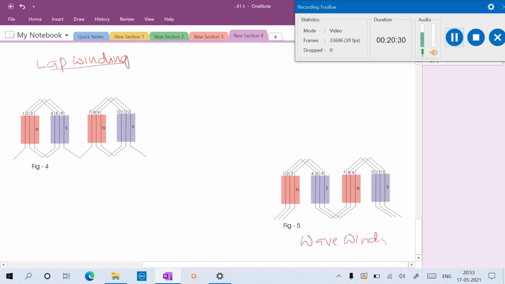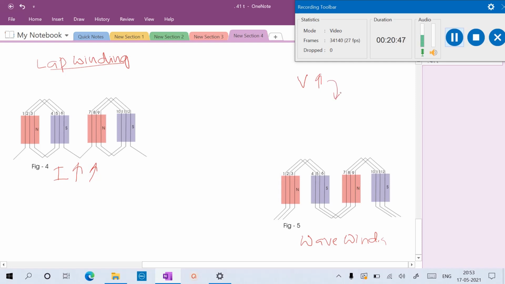When a higher current value is required, we can prefer the lap winding. Whenever a higher voltage value is required, I prefer the wave winding.